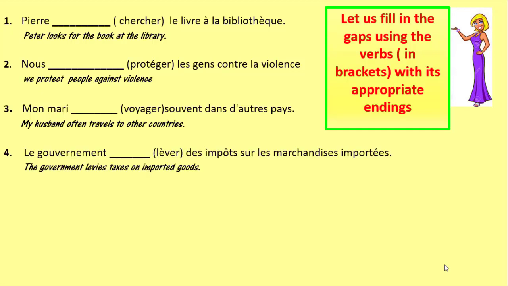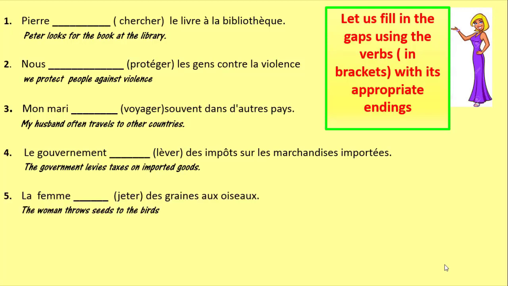Numéro 4. Number 4. Le gouvernement. The verb to use, lever des impôts sur les marchandises importées. Numéro 5. Number 5. La femme. The verb to use, jeter des graines aux oiseaux. Numéro 6. Number 6. Vous.